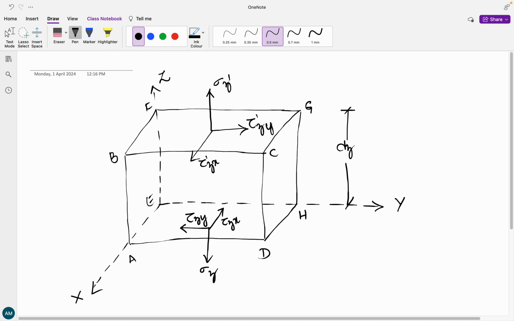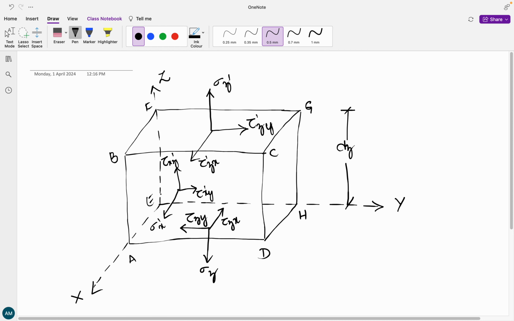Let us consider the front face A, B, C, D. For the front face, let me draw it over here. The force that is going to be normal is sigma x dash, and then the shear forces are going to be tau xz dash, and here it is going to be tau xy dash.